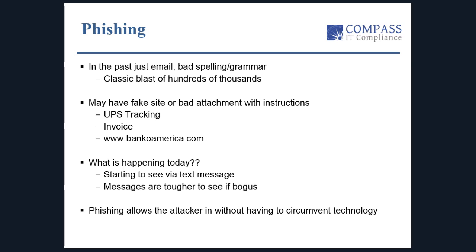As AV scanners and spam gateways got more sophisticated, they would catch these, but these would get through. They may almost even look like legitimate emails from companies. So you'd see things like UPS tracking info, download from this link. Here's the invoice for your order. It would contain a bad Word file that you would then infect your machine with.